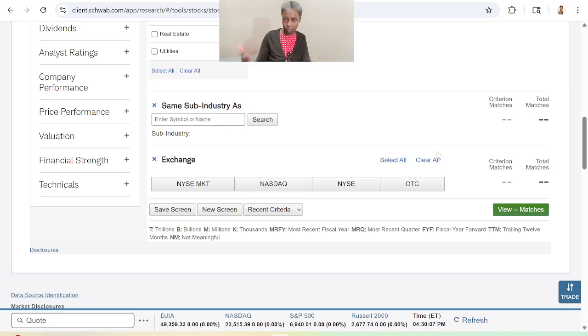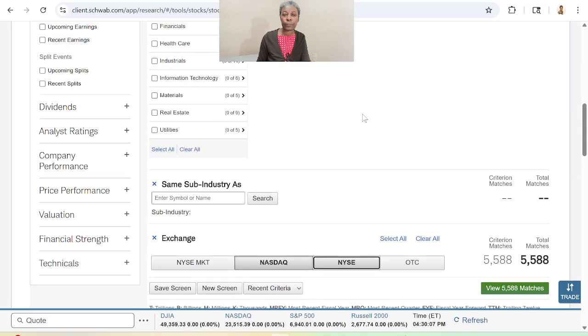So pulling the market capitalizations out, I like to pull the industries as well, and then I can just pick the market exchange that I want those stocks to be selling on, and that would be those two.